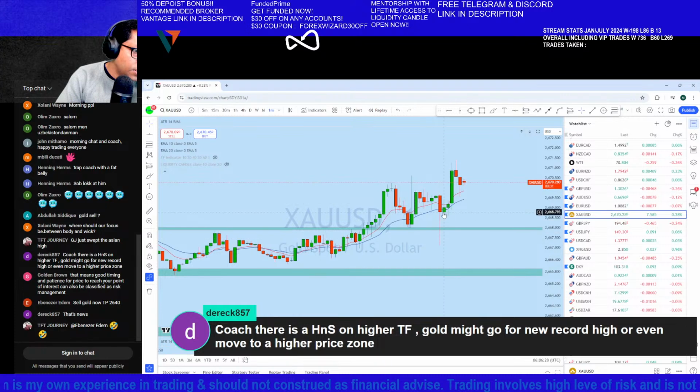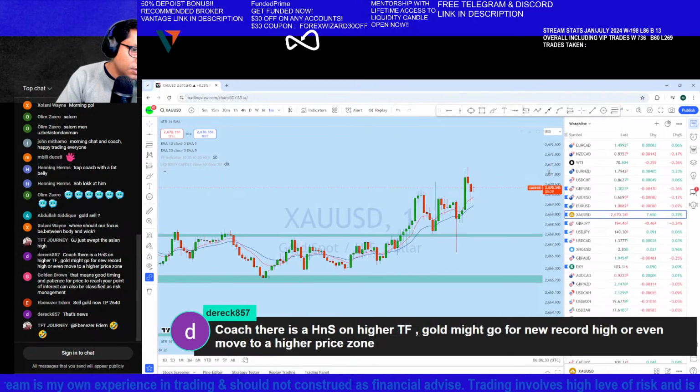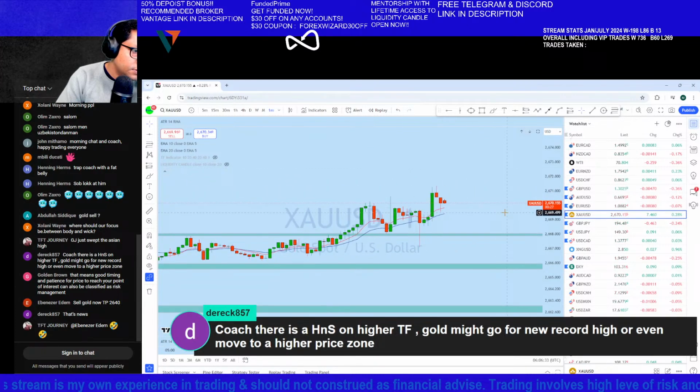You can see there is a long wick rejection, and the market is forming an upside bias here.